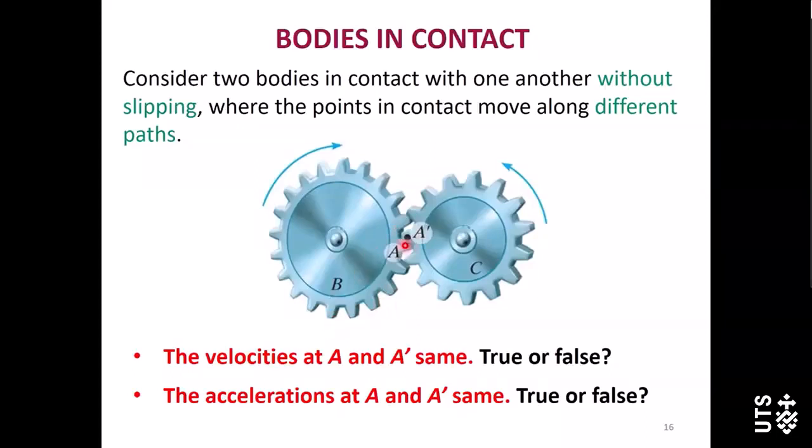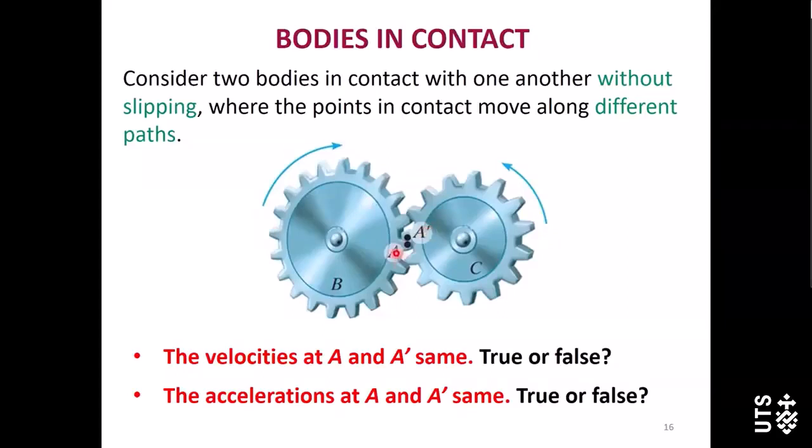Here, A is on gear B, A prime is on gear C. At this moment, A and A prime are actually one point, the contact point between these 2 gears.